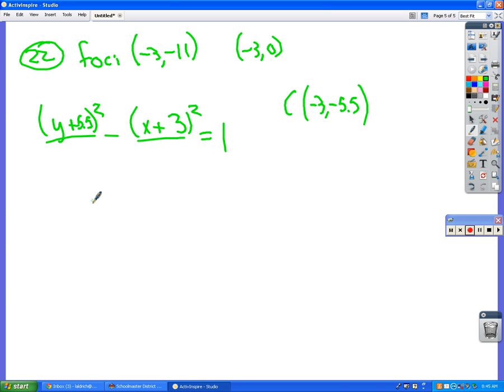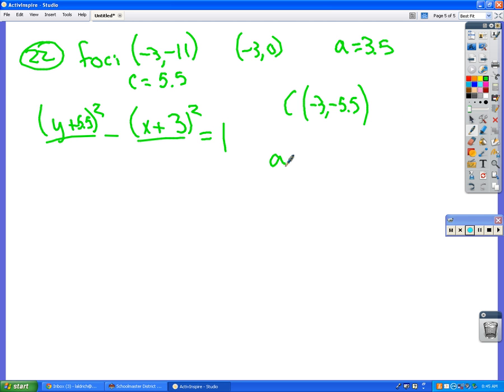All right. And then c is 5.5. Then they tell you the transverse axes endpoints, so that means that A is what? Half of that, which is 3.5, very good.